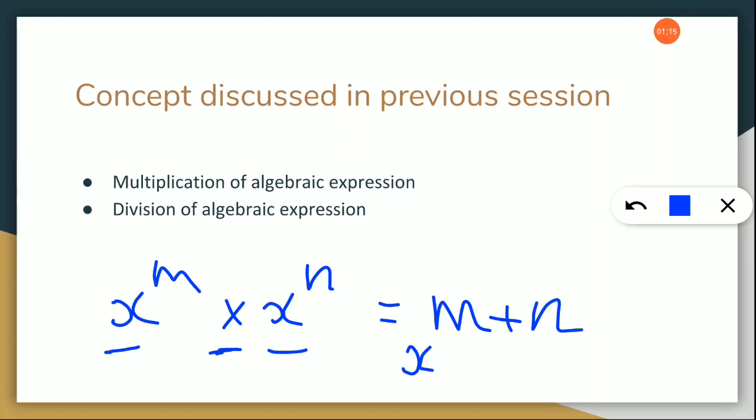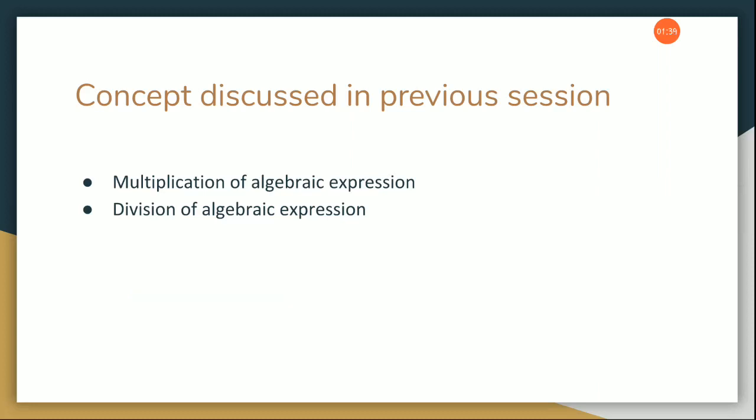Suppose it is given as divided, that is x power m divided by x power n, then since it is a division sign, we have a minus in between. So we have to recall that the power should be subtracted, m minus n. Okay, this is how we will solve the powers with the same base. Clear?